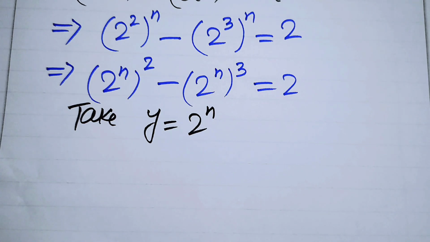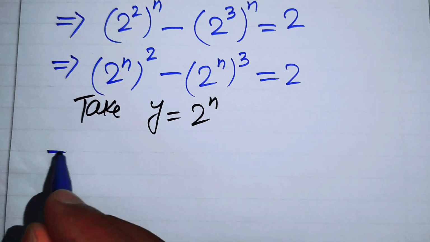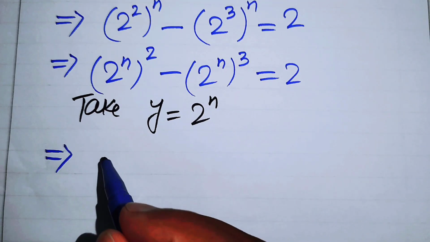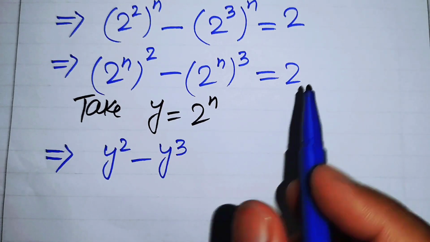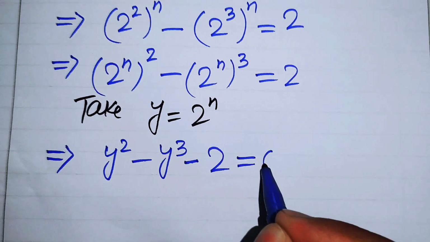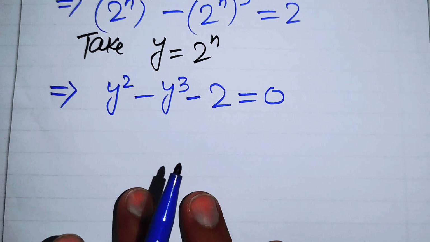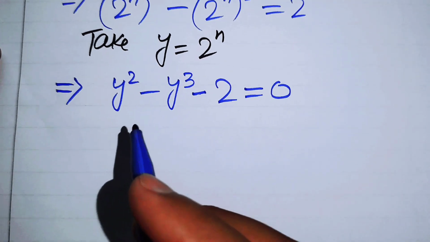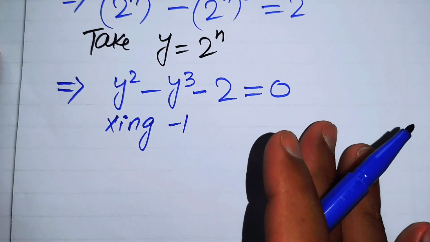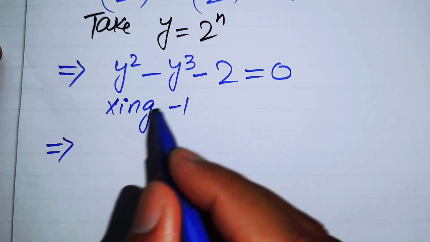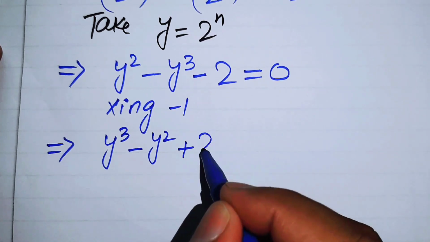When we put y equal to 2 to the power of n, this expression becomes y squared minus y cubed, and now we move this 2 to the left hand side and you get minus 2 is equal to 0. And now we can rearrange the terms, so in order to rearrange the terms I can multiply by minus 1. When you multiply by minus 1, you get y cubed minus y squared plus 2 is equal to 0.